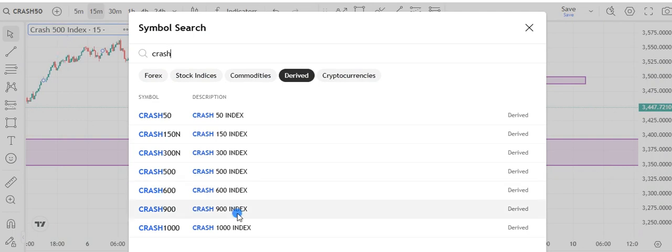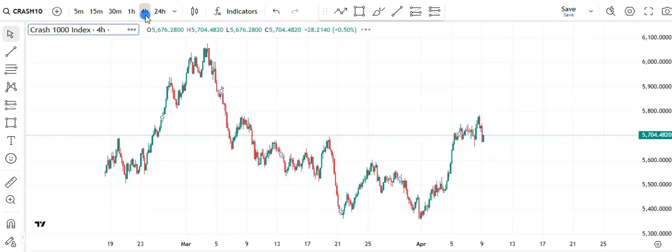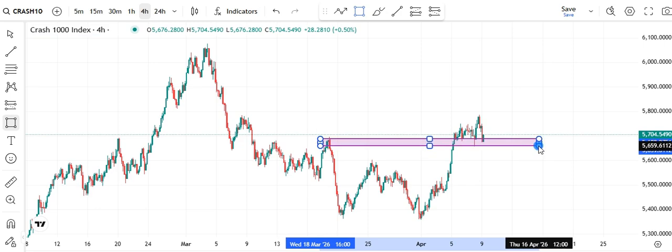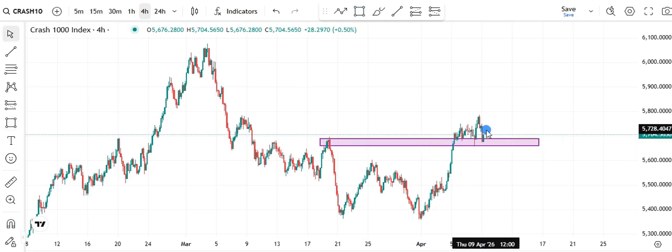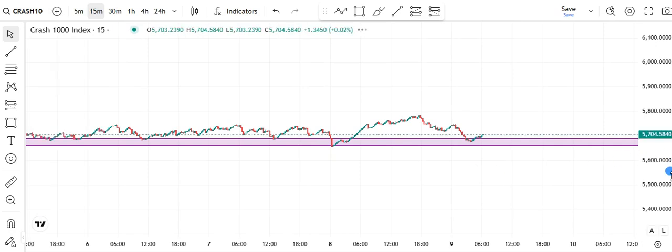Okay, so let's go to Crash 1000. The 4-hour chart. Kind of similar, but the bearish move here is actually showing good momentum, which means I can actually see this moving straight into that level.